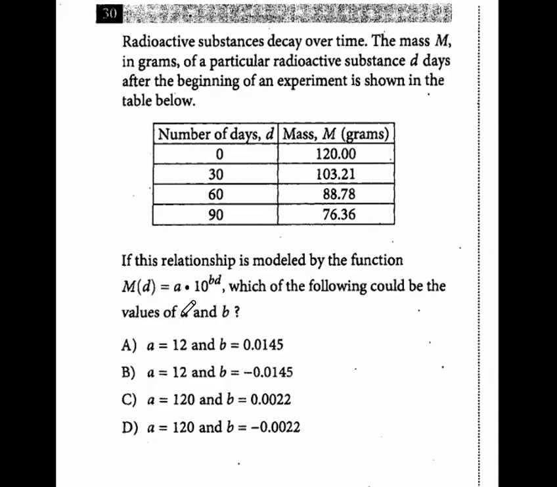Which of the following could be values of a and b? Well, as you can see in the table, the mass decreases as the number of days increases, which would have to mean that b has to be a negative value of some sort.